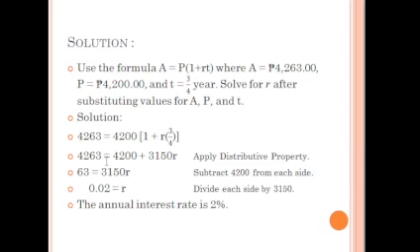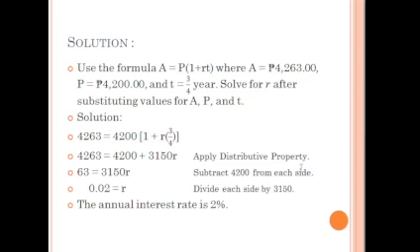So 4,263 is equal to 4,200 times 1 is 4,200, and 4,200 times 3/4 R, that is 3,150 R. We apply the distributive property. And then our aim is to find R, or the rate of interest.